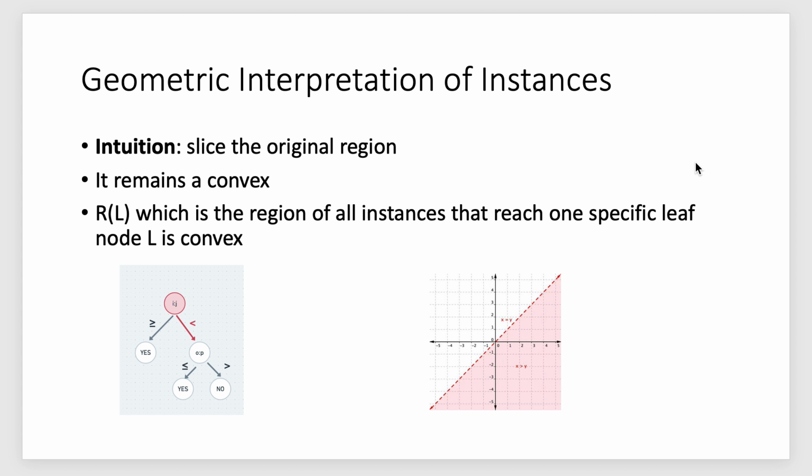In the decision tree model, we say that the region of the instances, the set of all the instances that will lead to a specific leaf node, is a region that is convex.